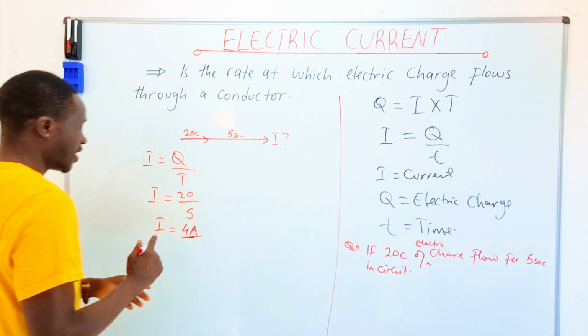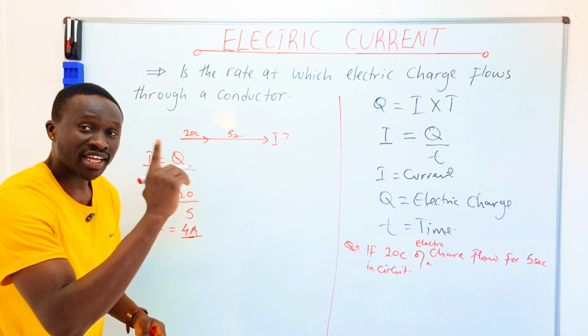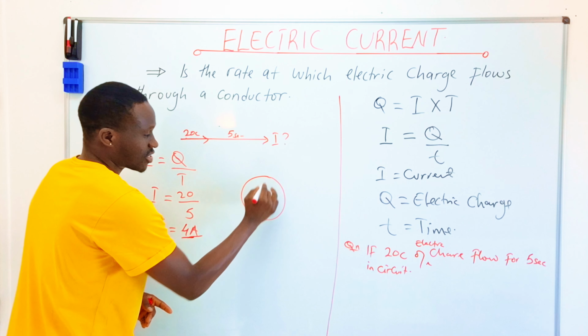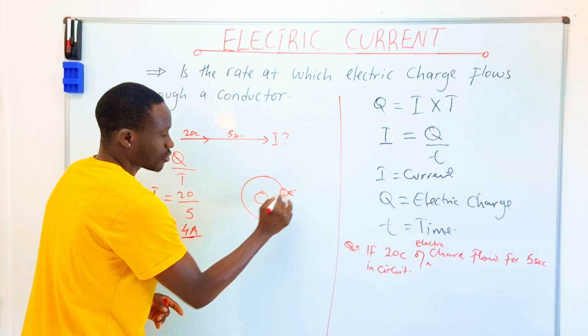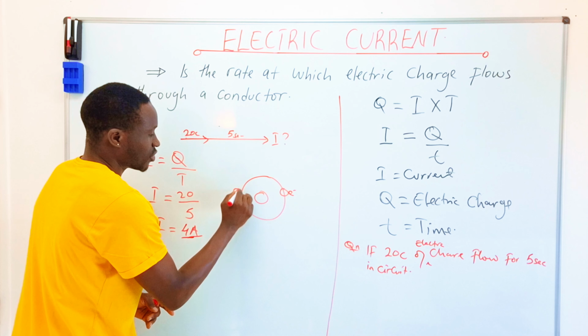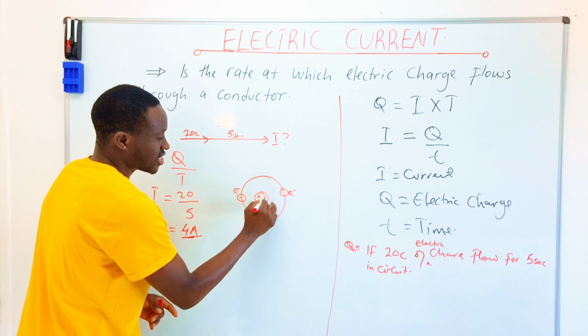Okay? If you go back to our small atom, this is an electron with a negative charge, and these are protons inside here.